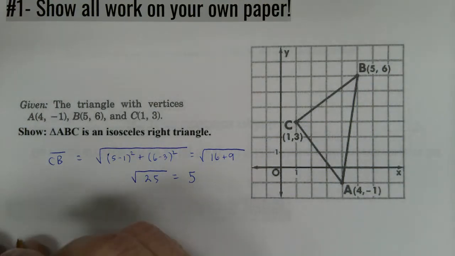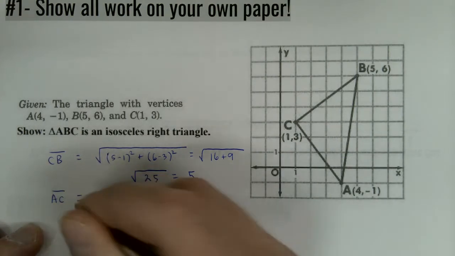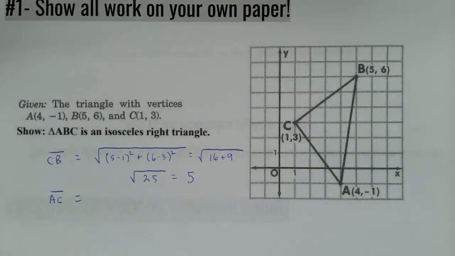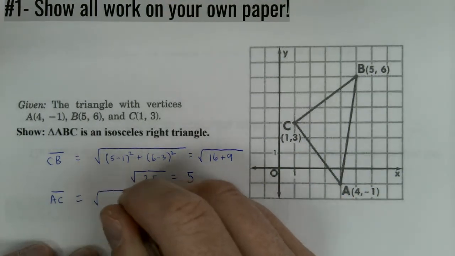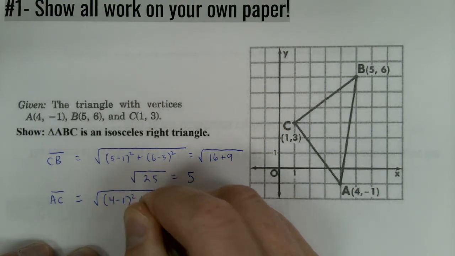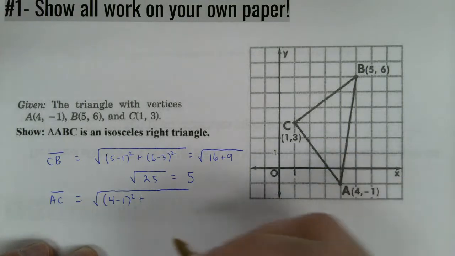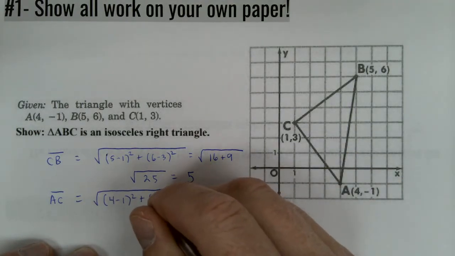Now we're going to do the same thing for AC. So I'm going to do 4 minus 1 squared plus -1 minus 3 squared.